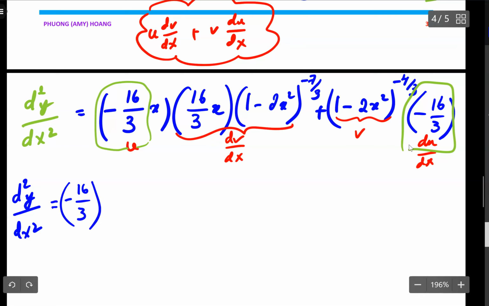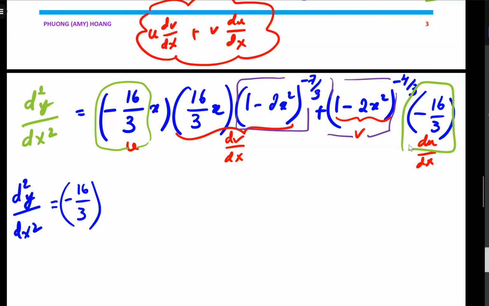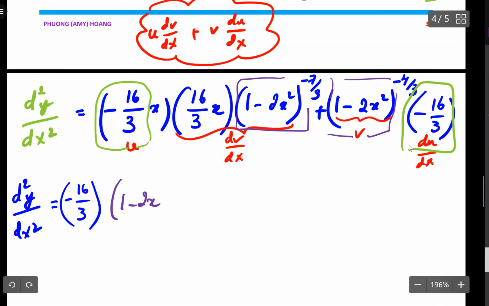Okay, now the next one I should look at is this one. This one that I highlight in purple here. Okay, so this will be your next common factor. 1 minus 2x squared. And I would like everyone to note for yourself what type of exponent I bring to be here?